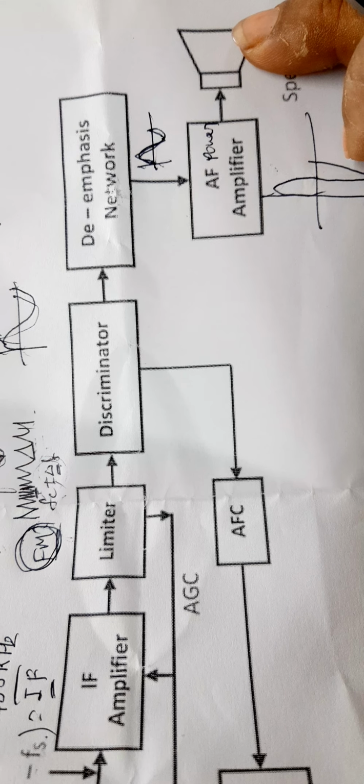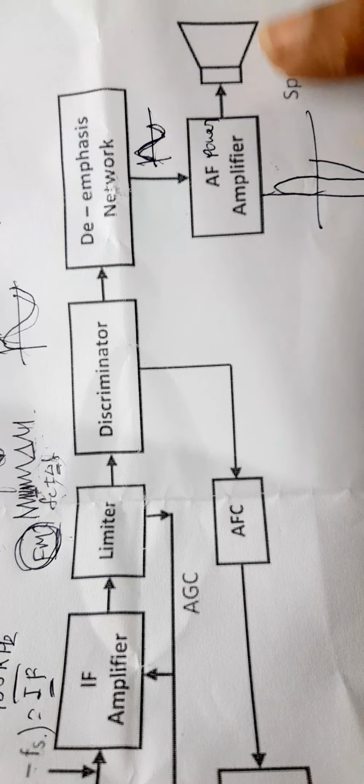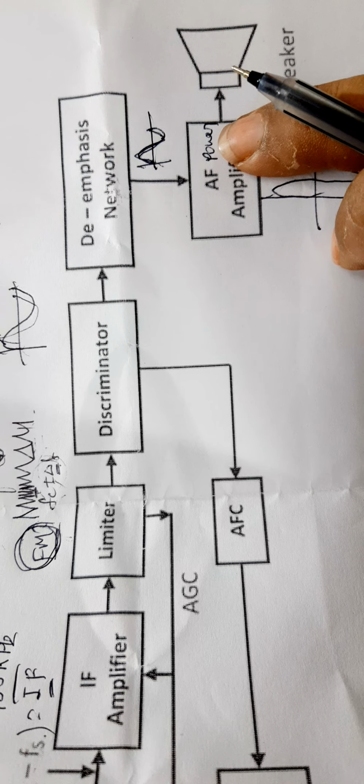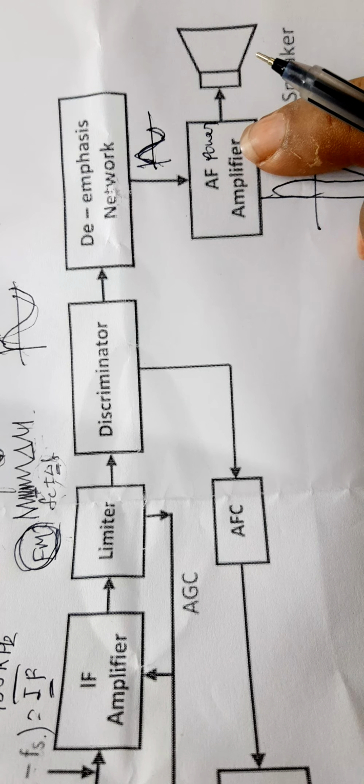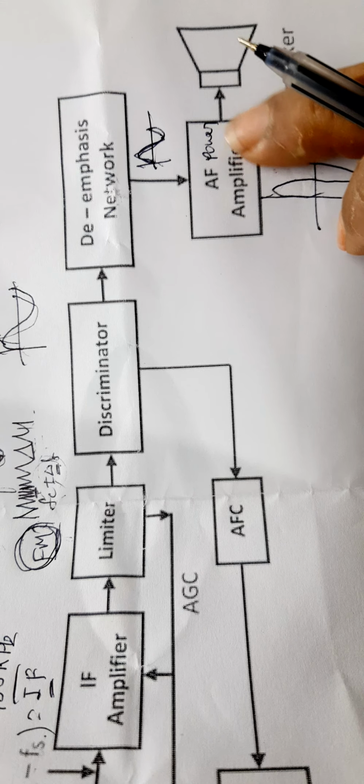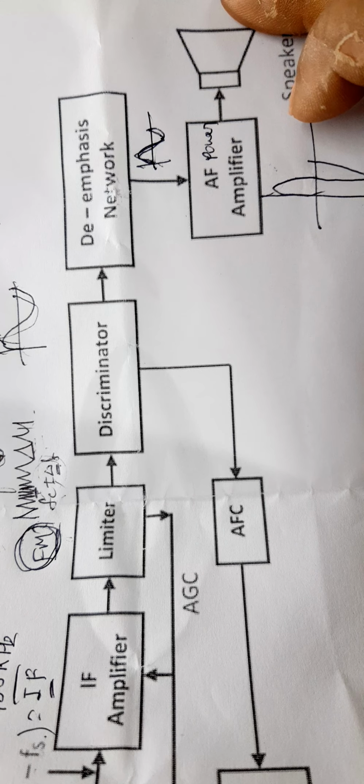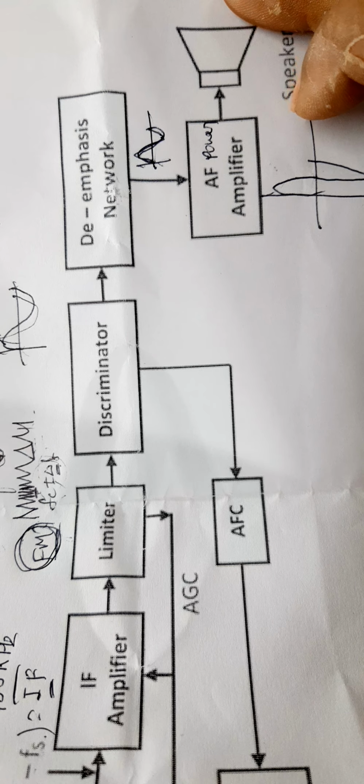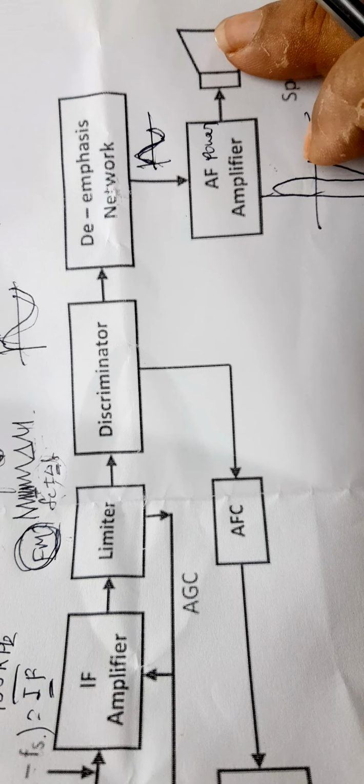This loudspeaker does the opposite function of a microphone. At the transmitter, our speech is converted into an electrical signal. That is, a mechanical signal is converted into an electrical signal by means of a microphone. Here the audio frequency power electrical signal is converted into a mechanical signal. That is our original voice. And this device is called a loudspeaker.